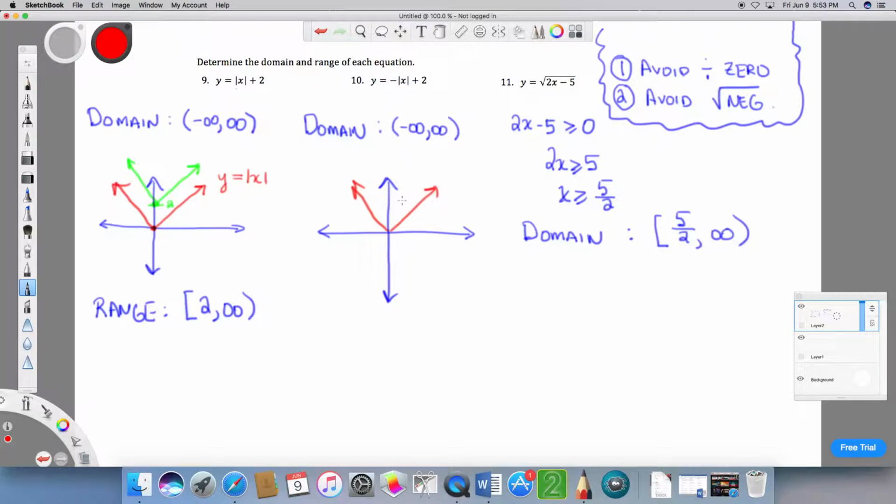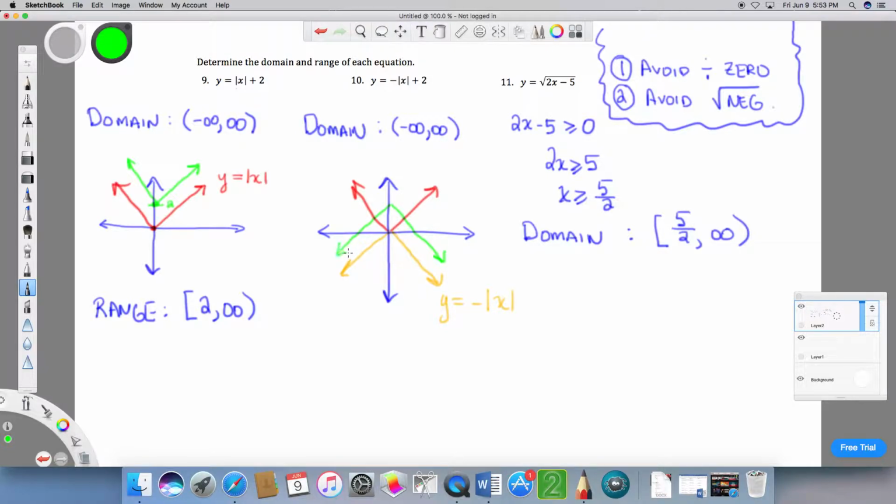Right now, all these y values are positive, and that negative sign is going to flip this graph so that it's opening downward. You've seen that when you studied parabolas, that when you had a negative x squared, it opened downward. Well, when you have a negative absolute value of x, it opens downward. And that plus 2, just like it did over here, it's going to lift this graph up 2 units.